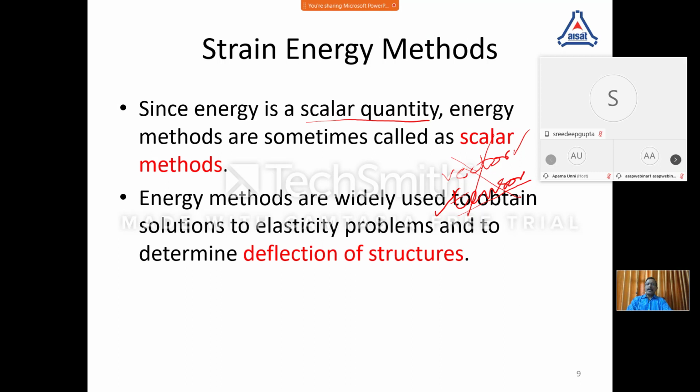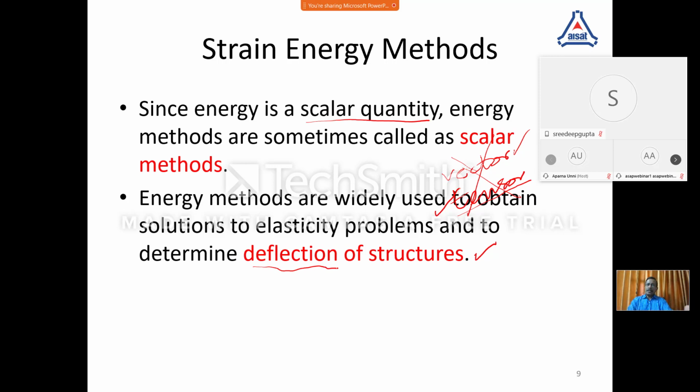This method can be used in solving elasticity problems, mainly to determine the deflection of structures. In your MOS class, you would have studied different methods of determining deflections of structures. Based on different types of loading, different methods are there to determine the deflection.